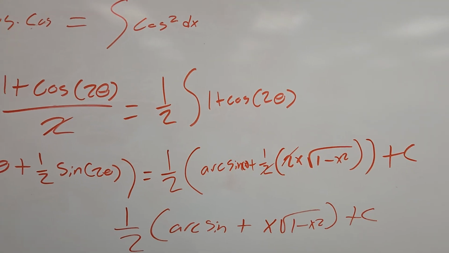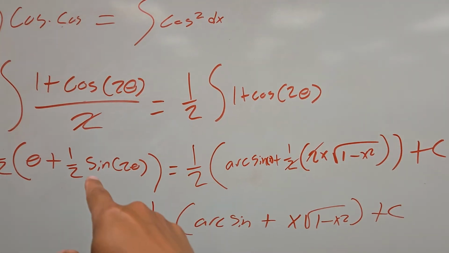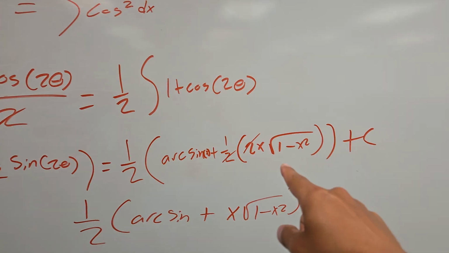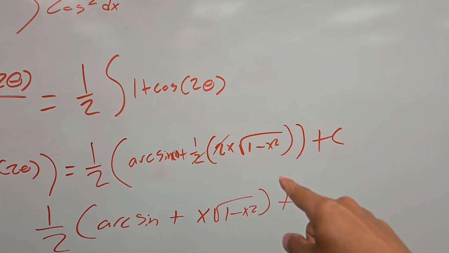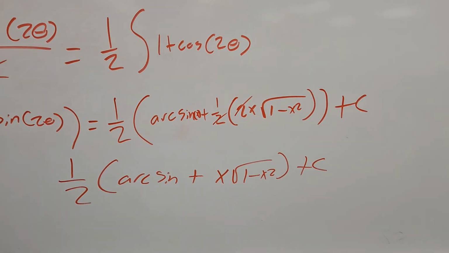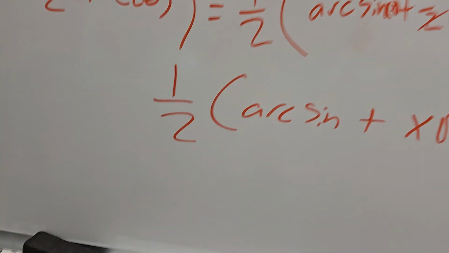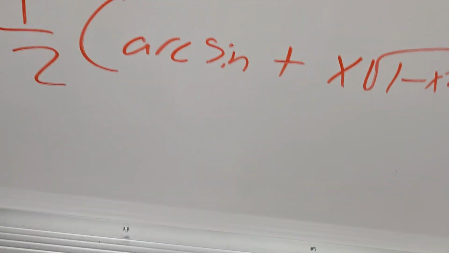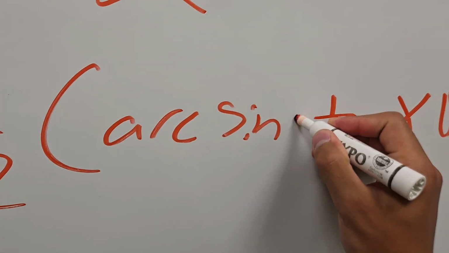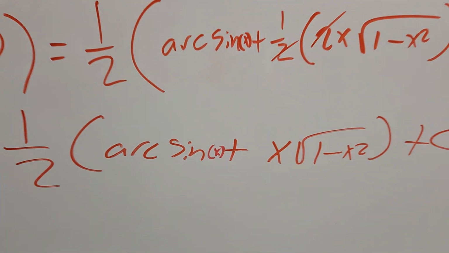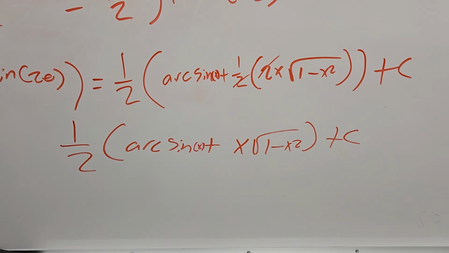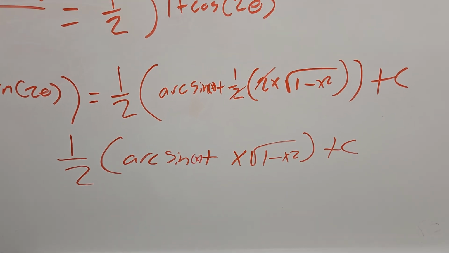Then that theta turned into arc sine, and the sine 2 theta turned into this 2x square root 1 minus x squared. And we simplified it a little bit just to make it look a little better. Arc sine, oh wait, I just found a little error. This is arc sine x plus x square root 1 minus x squared plus c. Yeah, that looks right.